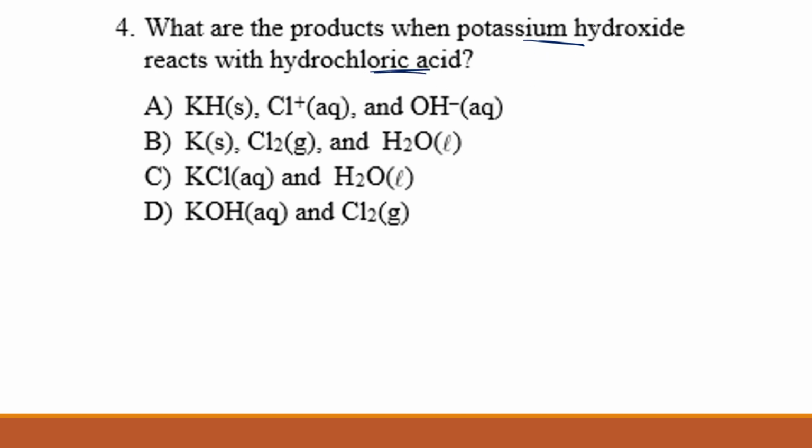We don't necessarily know off the bat that this is a base. We do know that this is an acid because it tells us it's an acid. This is where reference tables K and L are going to come in handy because they're lists of acids and bases. Looking at tables K and L will give you a little bit of a clue what potassium hydroxide is and what hydrochloric acid is.